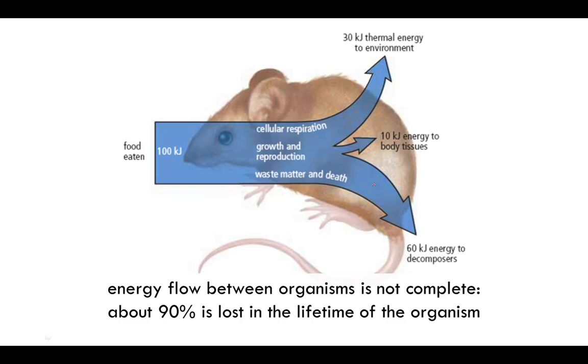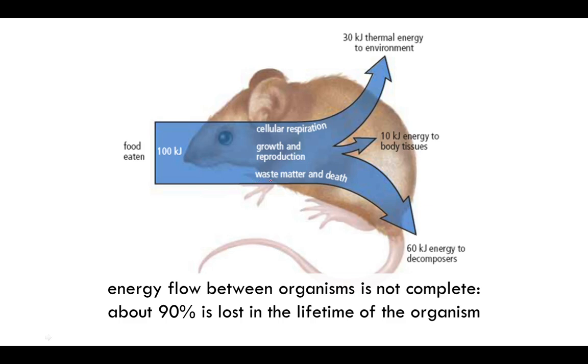The reason that energy transfer is not complete between organisms is this. Let's say that a mouse consumes exactly 100 kilojoules of energy in its lifetime, which is a very round number, but that's the point. During its lifetime, that mouse will, through the process of respiration, be giving off about 30 kilojoules of that as heat. Okay, so that's all lost.